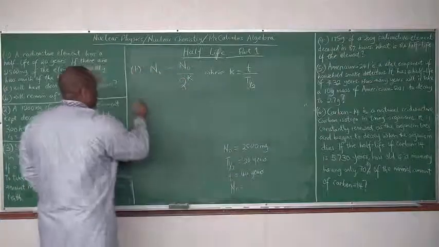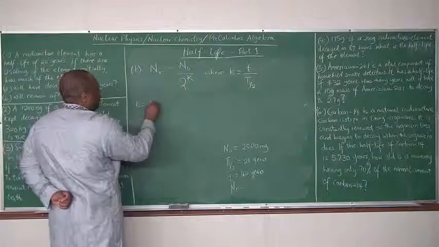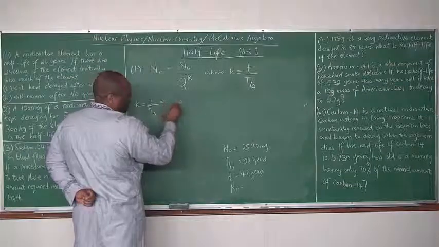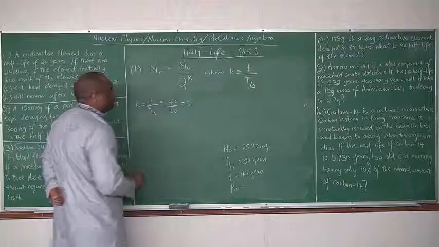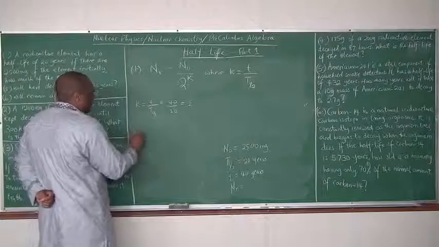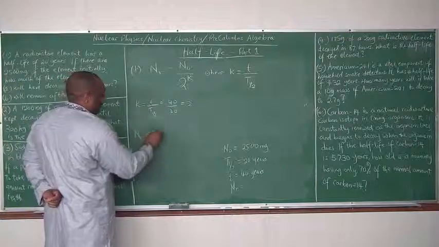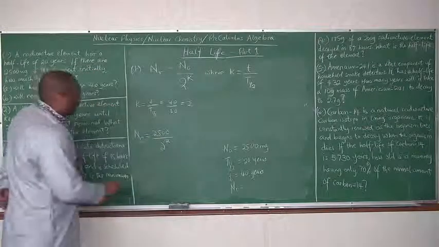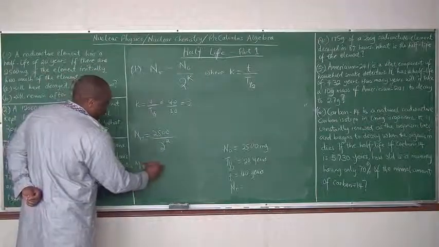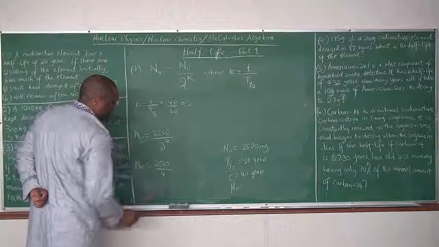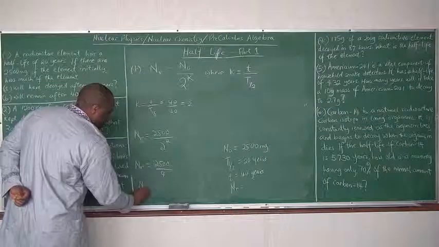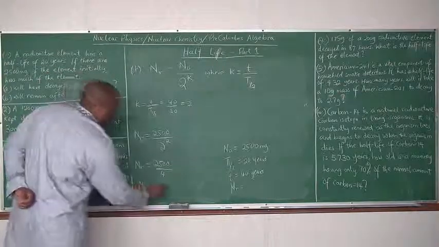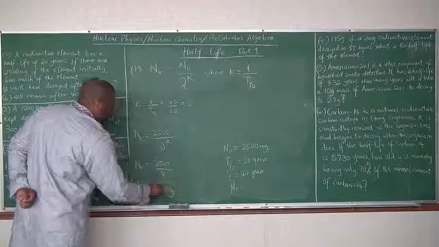We will now have that K is equal to T over T half, which is 40 over 20, which is 2. So N subscript R will be 2500 over 2 raised to power 2. N subscript R will be 2500 over 4. N subscript R will now be 625 milligram. Make sure you put the milligram.